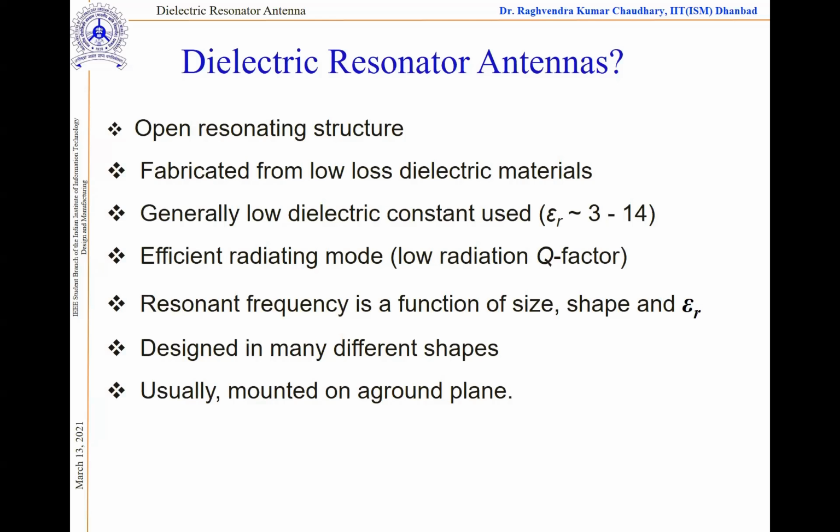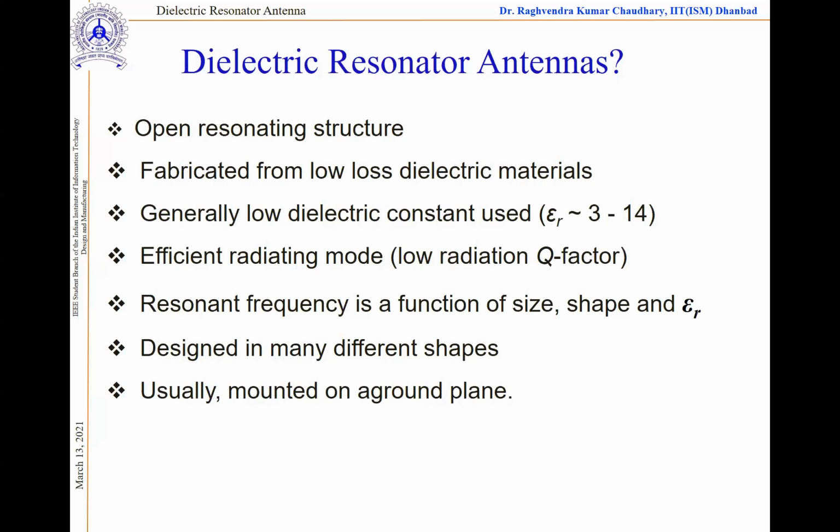But let's say if I reduce the dielectric constant to between 3 and 14, surely it will be difficult to realize the PMC condition. And hence, on that basis, I'm saying this is an open radiating structure.